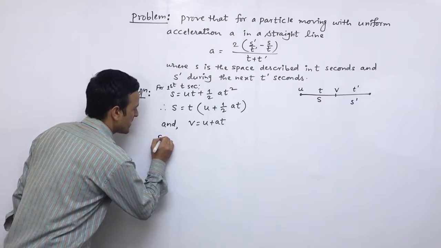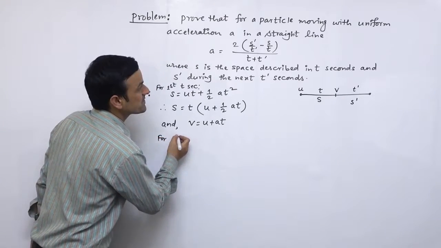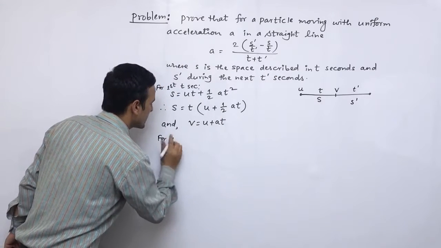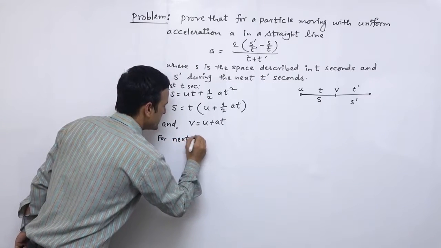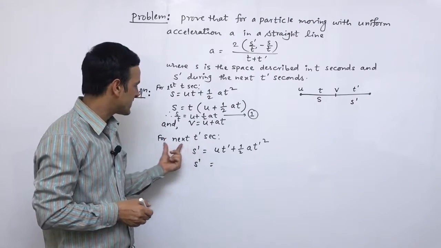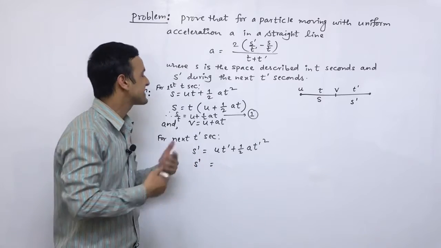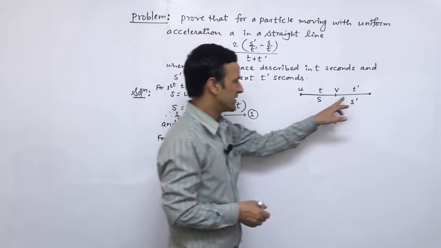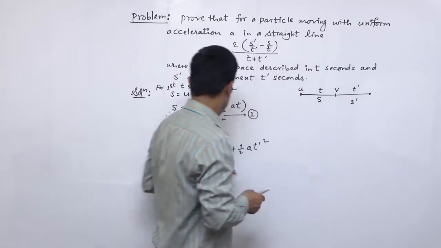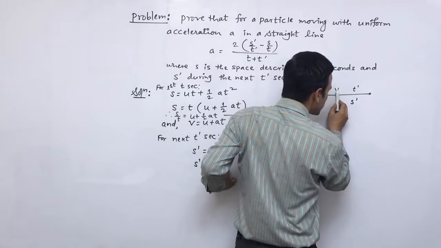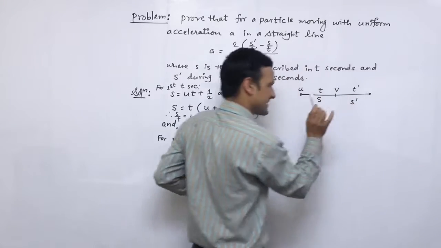Now for the next t dash seconds, or for the second part, this v is the initial velocity for the second part.